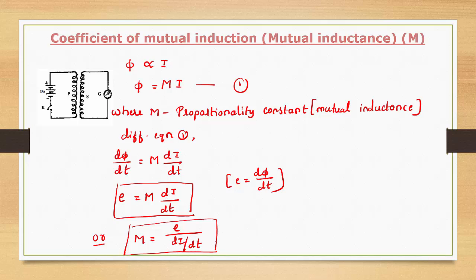Is it clear? Suppose dI by dt, the change in current with respect to time, is equal to 1 ampere per second, then the equation becomes M equals E. Mutual inductance is equal to induced EMF. That means mutual inductance between a pair of coils is the EMF induced in a coil due to unit rate of change of current in the neighboring coil.